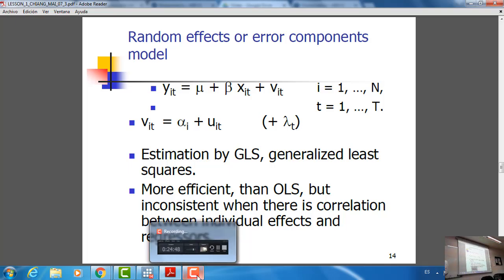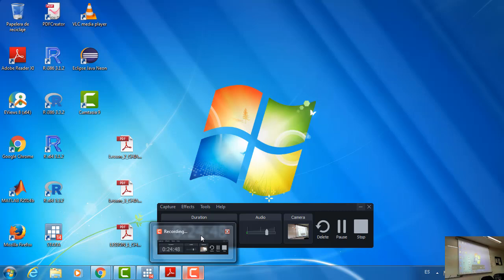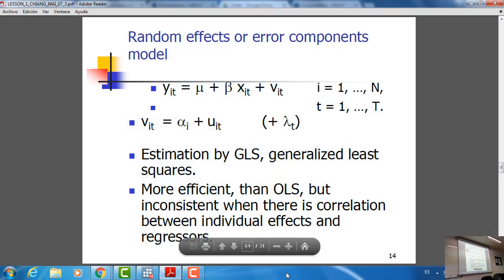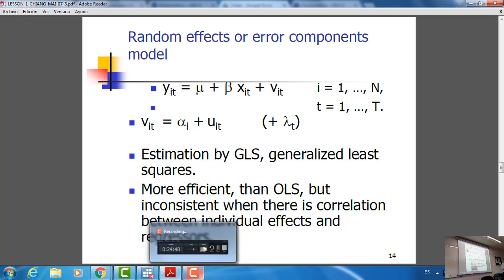It applies to different situations than the one before, usually situations with a larger data set and a larger sample. In that case, you usually estimate it by generalized least squares, not OLS. It is not compulsory, but typical.